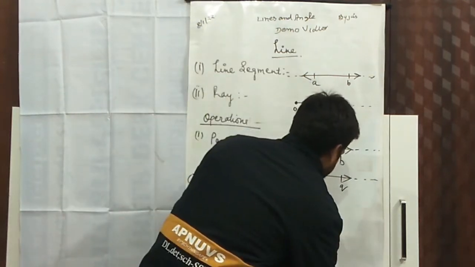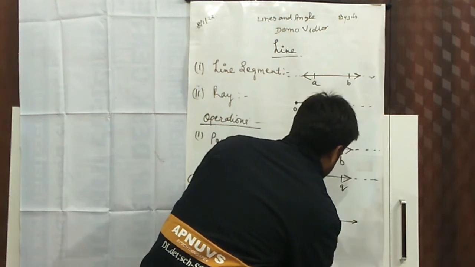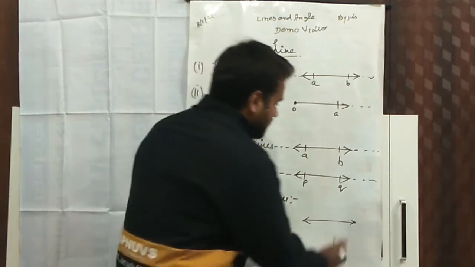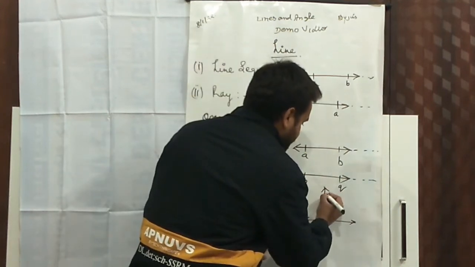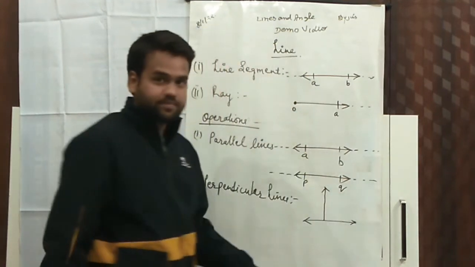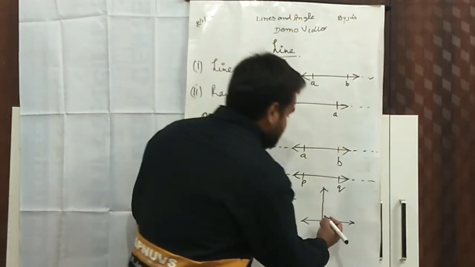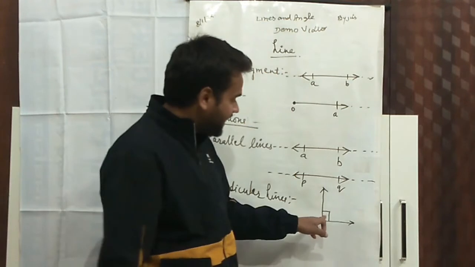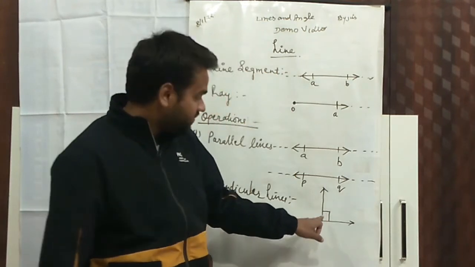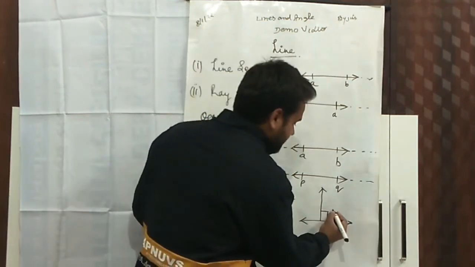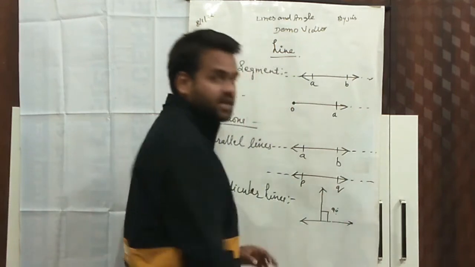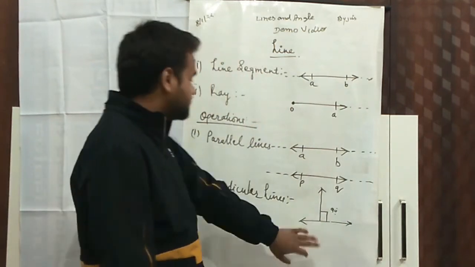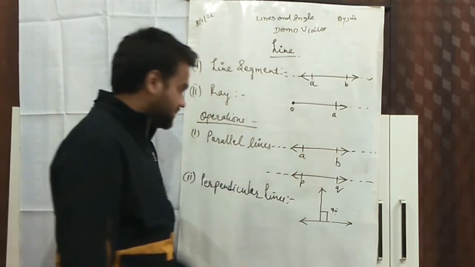Here we can say that this is the first line, alright, and then another line we have this. Now we can say that these two lines are perpendicular to each other by forming an angle of 90 degrees. We can see that this is the angle of 90 degrees. This is the representation of a 90 degree angle. So these types of lines are called perpendicular lines. They are perpendicular to each other.